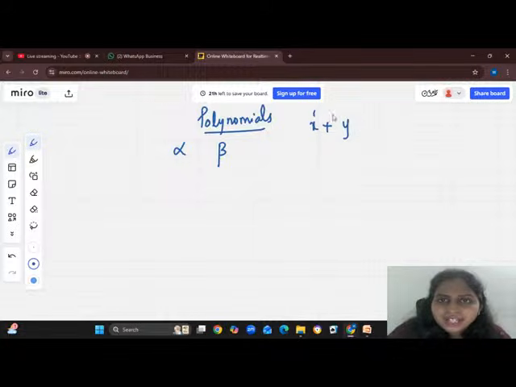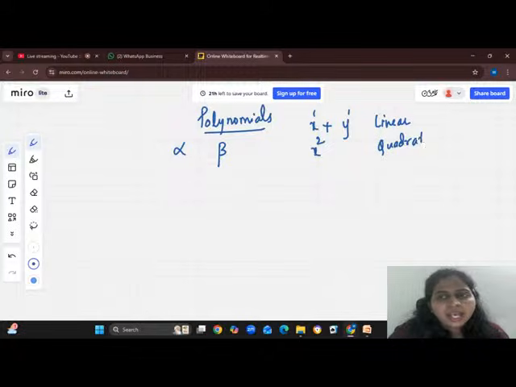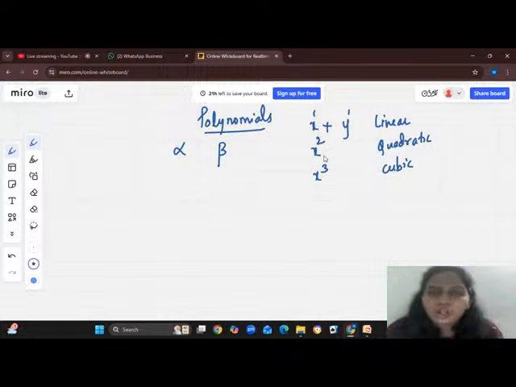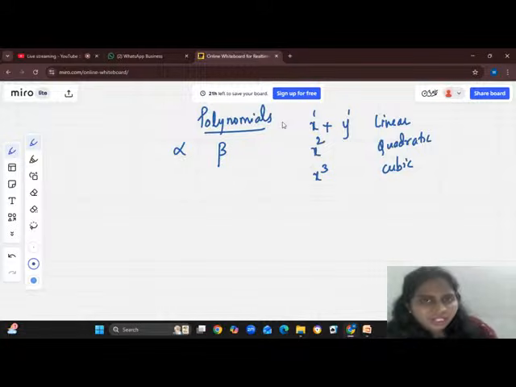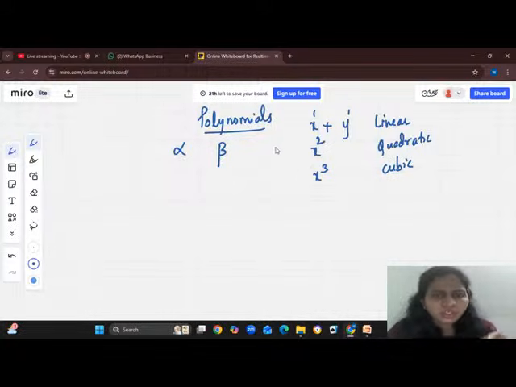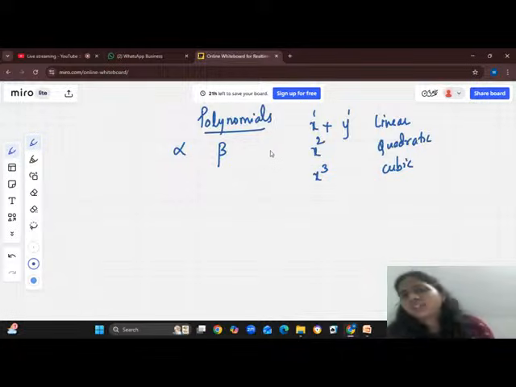If the degree of the x is 1, it becomes linear. If the degree of the x is 2, it becomes quadratic. And if the degree of the x is 3, it becomes cubic. You all know this. Now, what is a polynomial and what is an equation? This is the main difference that you have to know. Generally, most of the students get confused here.